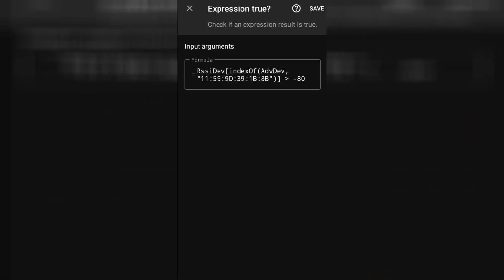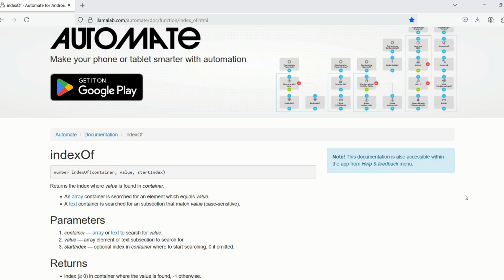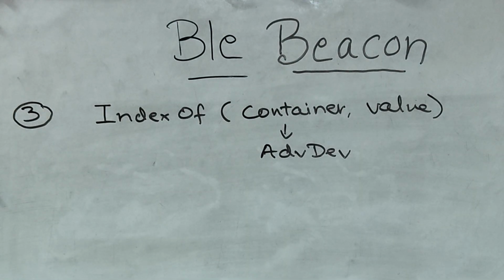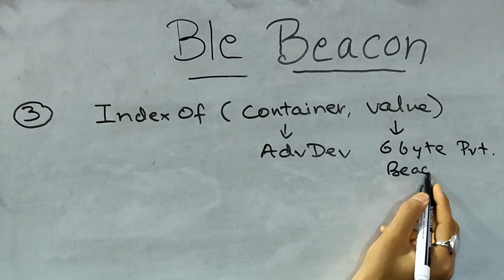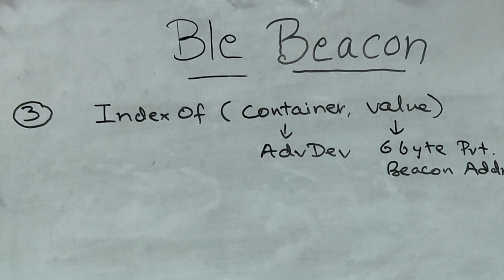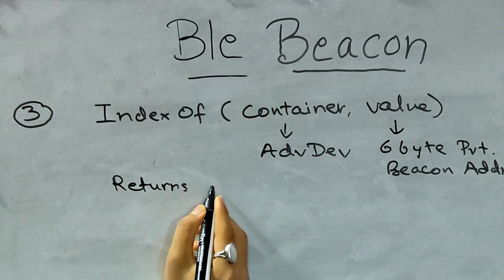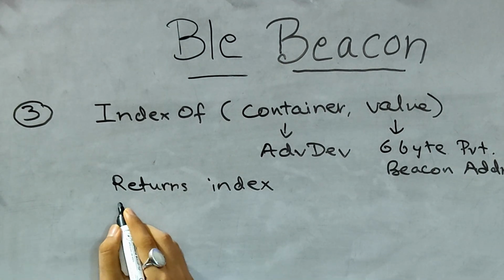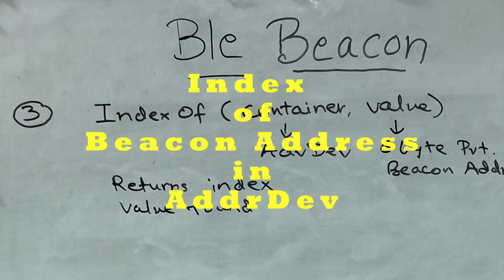Back to the flow. Once we confirm our beacon is found, we use the indexOf function. Let's look at its documentation. This function returns the index where a value is found in a container and ultimately retrieves its respective RSSI value. As we discussed earlier in the series, the device address is part of our BLE advertising PDU, or protocol data unit.